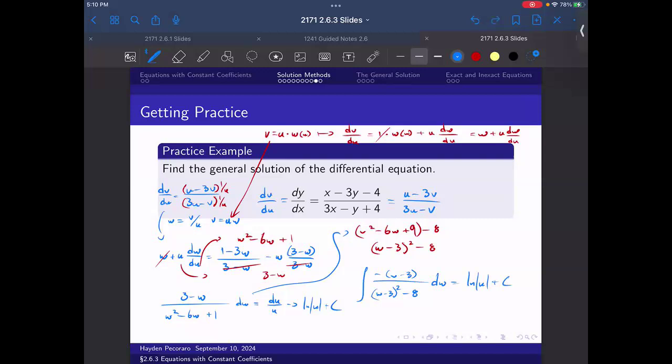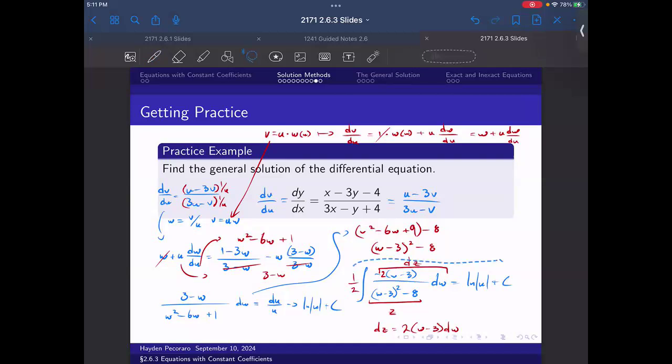And then the last thing that we want to do to get the answer here is take this whole bottom part and say this is a new variable z. dz ends up being 2(w minus 3) dw. Very close. We just have to add that in here. And now this part is dz.